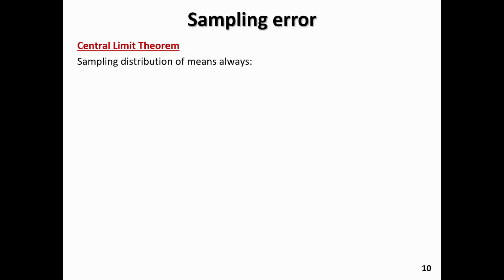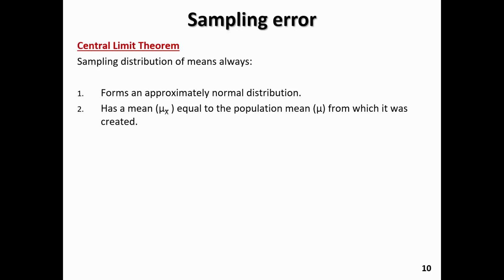through what's called the central limit theorem. This is a theory in which the sampling distribution of the means, if taken enough times, will always form an approximately normal distribution, and that allows us to carry out a range of inferential statistical techniques. The central limit theorem also states that the distribution of the means will have a mean equal to the population mean. So mu represents the mean of the population, and mu subscript x bar are the averages of the sample averages.